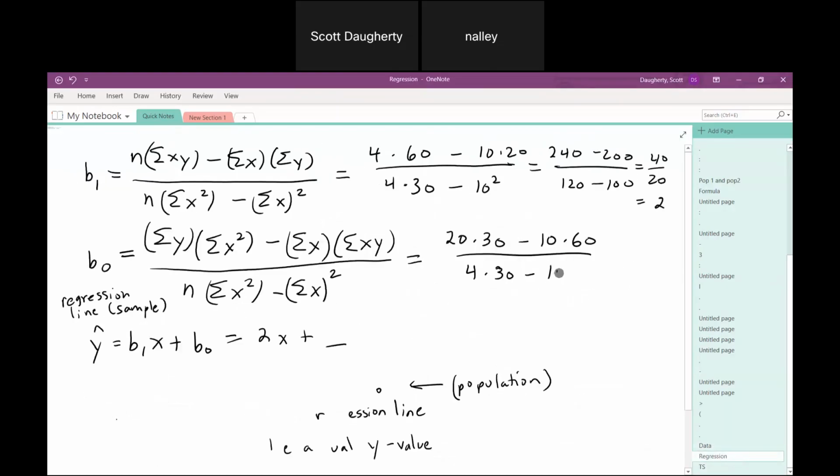So this should be 10 squared. Okay, and so it looks like we get, okay, 20 times 30 is 600, and 10 times 60 is also 600. So it looks like you get a 0 on top. On the bottom, you get 120 minus 100, so that's just 20. All right, so you get 0 over 20, which is just 0. Okay, and so that says our y-intercept is 0.